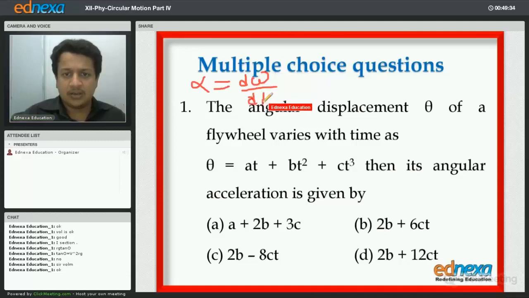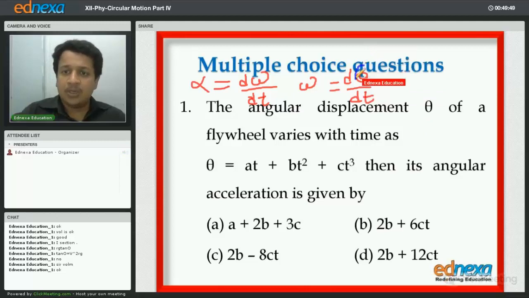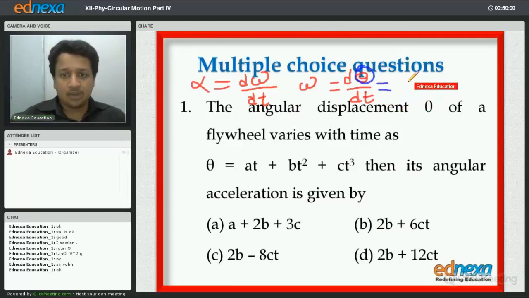Is it right? What is the formula for omega? Omega is equal to d theta by dt. So let's put values. In place of theta, we put at plus bt square plus ct cube. In other words, we are going to differentiate theta with time t. So after differentiation, it is a plus 2bt plus 3ct square.